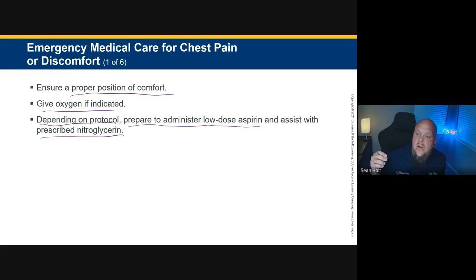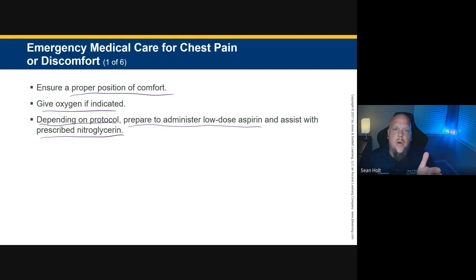Okay. But in real life on the ambulance, I guarantee that even EMT Basics should have the ability to give aspirin and nitro via standing orders, right? Written protocols that say, if you have this in a patient, then do this, right? It's going to say, if your patient has cardiac chest pain, give them 324 milligrams of aspirin.